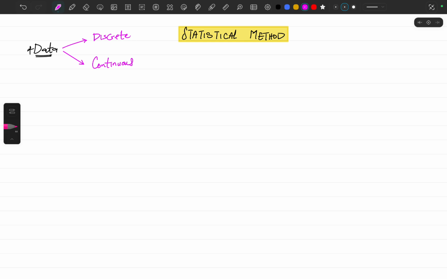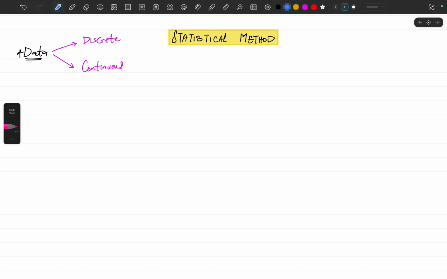Now, when you say discrete data, these are data that could be counted. They could fit into a particular figure. For example, I could say age. Age is a discrete data. Why?